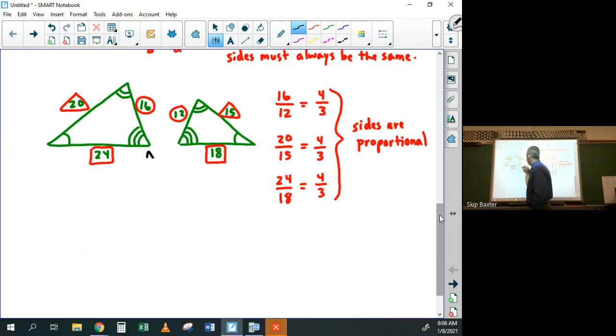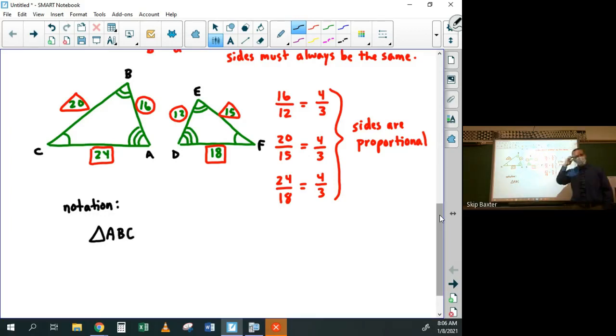Let me label this one A, B, C, and let me label this one D, E, F. The notation that you use to indicate that these two triangles are similar is you would say triangle ABC, and then the symbol for similar is just a single little wavy line in the middle. That little single wavy line means similar to. Triangle DEF.